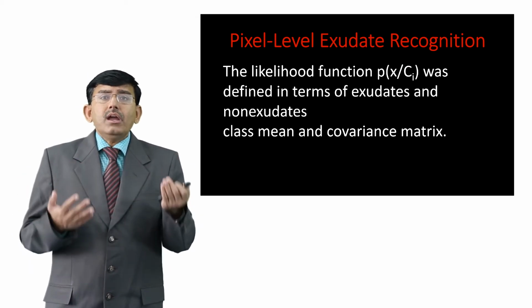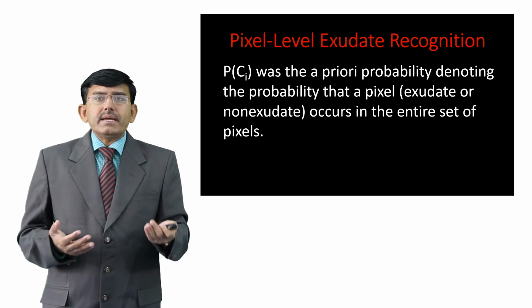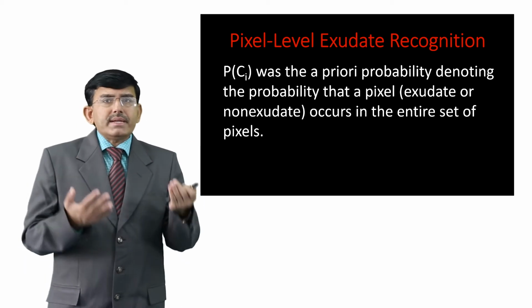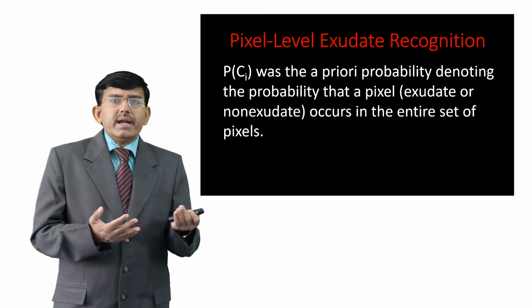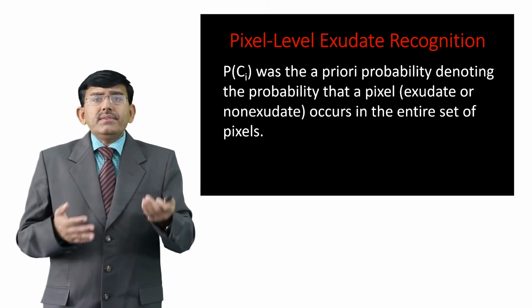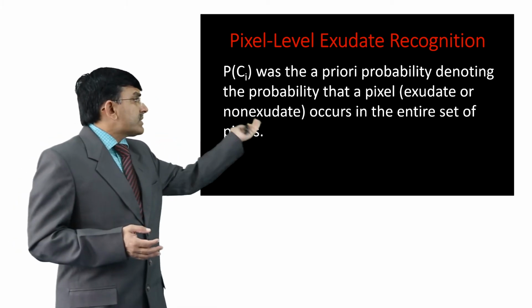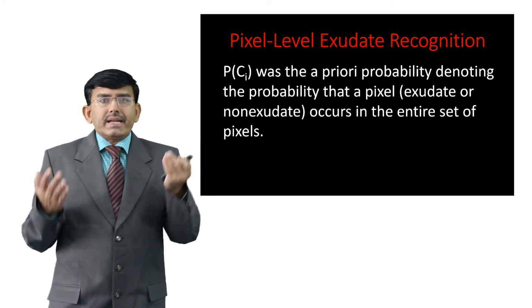P(Ci) was the prior probability, denoting the probability that a pixel is exudate or non-exudate within the entire set of pixels which we have targeted.